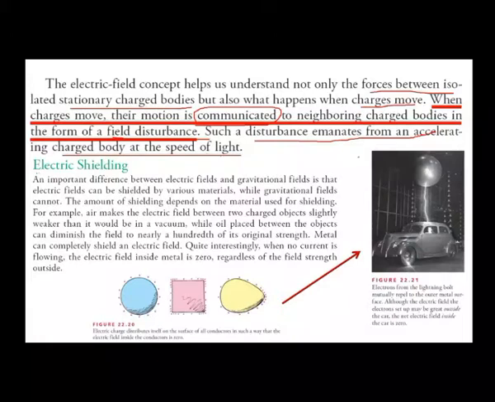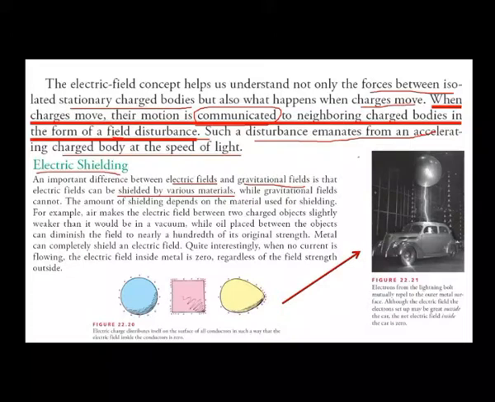Now, there is what we call electric shielding. There is a difference between electric fields and gravitational fields, because electric fields can be shielded by various materials, whereas for the gravitational field, no matter how you try to block the field, the object you are using to block has no effect on the gravitational field on the other side of that object.